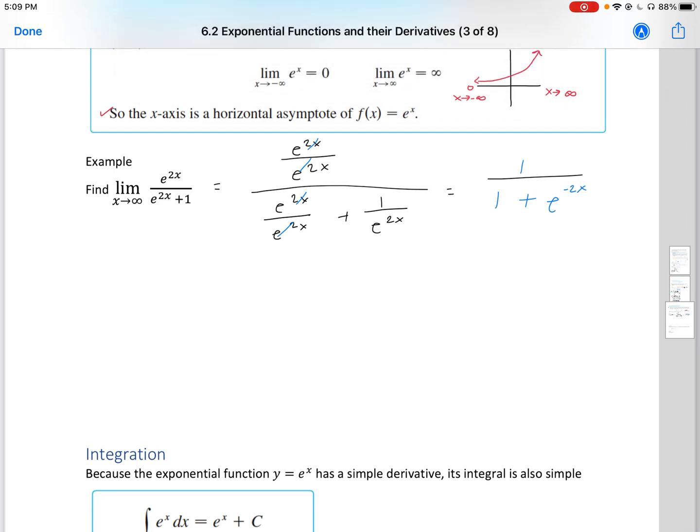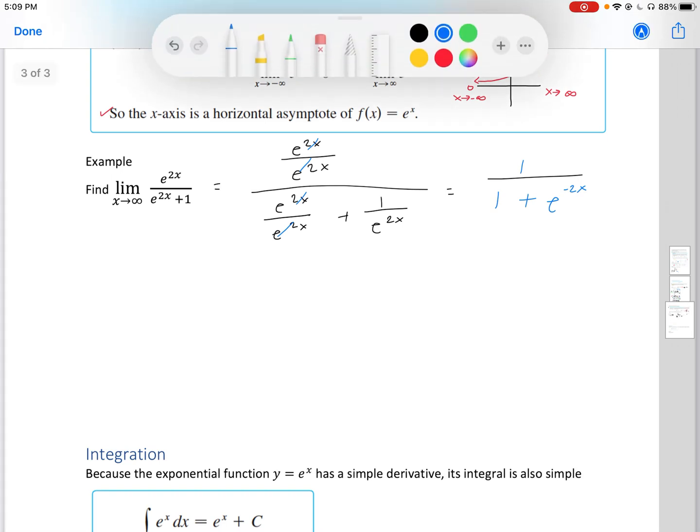Alrighty, now we can go ahead and apply the limit to that one term. So we have 1 over 1 plus the limit as x is approaching infinity of e raised to the negative 2x.